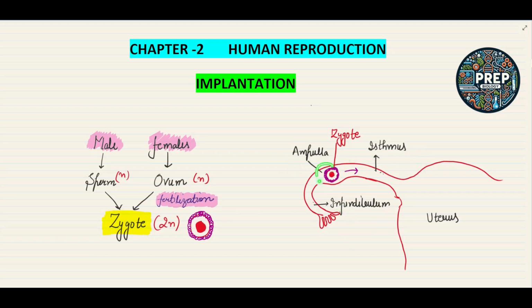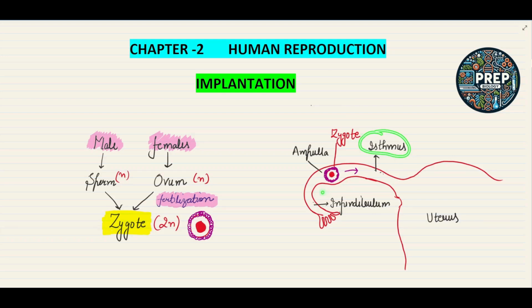The zygote is formed in the ampulla region of the fallopian tube. For implantation, the zygote moves towards the uterus of the female through the isthmus.